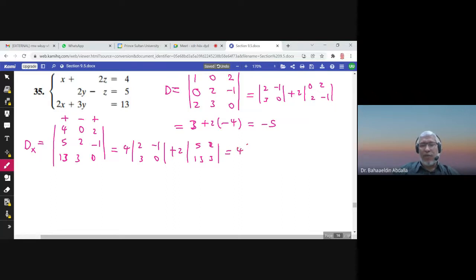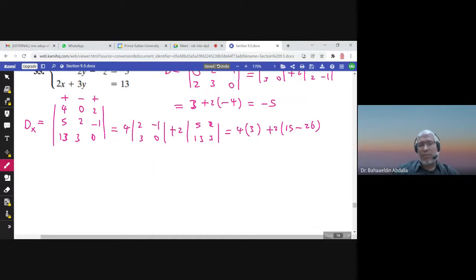So it's 4 times 0 minus minus 3 means plus 3. 5 times 3 is 15. 2 times 13 is 26. So 15 minus 26 is negative 11.